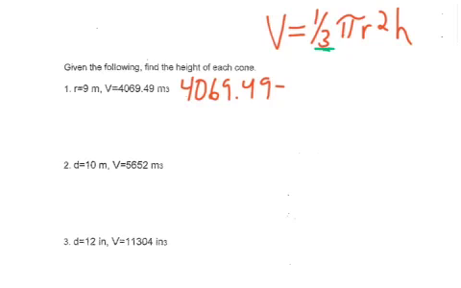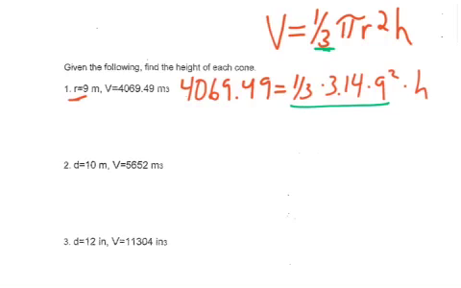So volume is 4069.49 equals 1/3 times pi. I'm just getting that right from the formula. Times my radius squared times height. So again, take your calculator, multiply these three numbers together. 4069.49 equals, when I multiply those three numbers together, I end up getting 84.78 times my h.